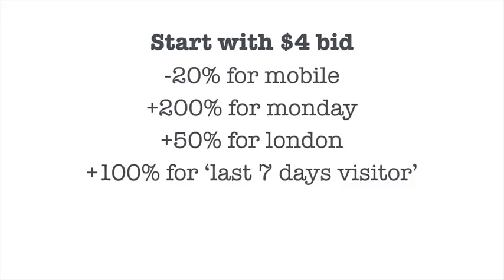And they're on a remarketing list. They've been to the site in the last 7 days, so we've got an RLSA bid adjustment of plus 100% because we know that recent returning visitors tend to convert better, so we're going to spend more money on those. So the question then is, and have a little think about how you would do this before I show you the answer: what does that $4 bid turn into in this case?